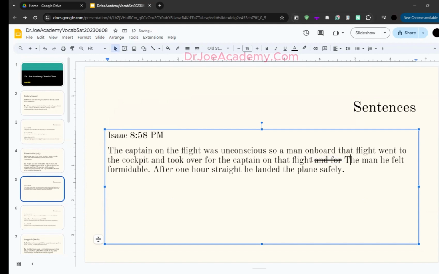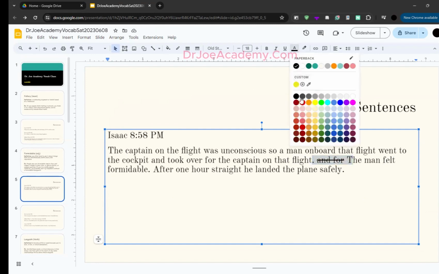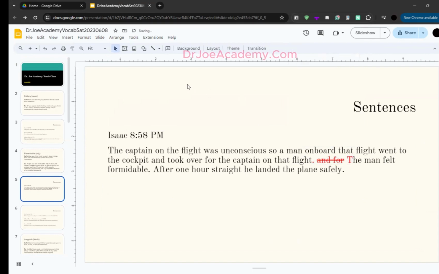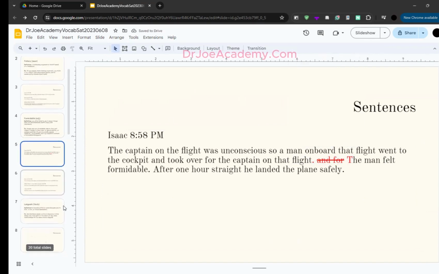So instead, I'm going to add a period here and a period here and remove the he. So we can say, the man felt formidable. A great sentence, Isaac. It was very detailed and well written.